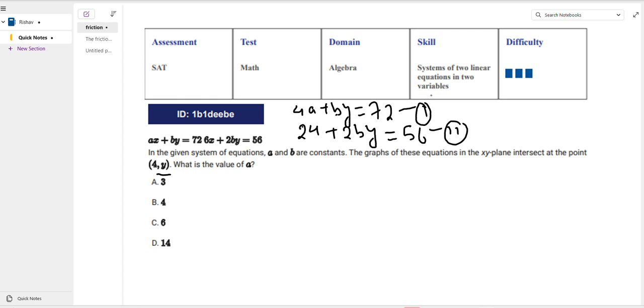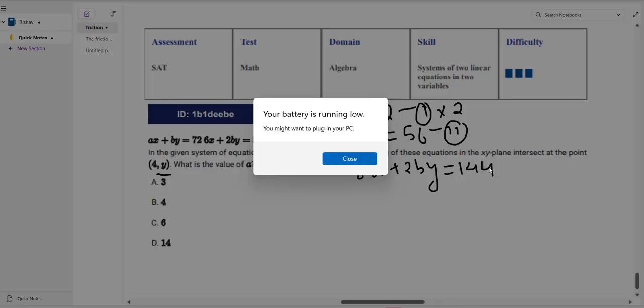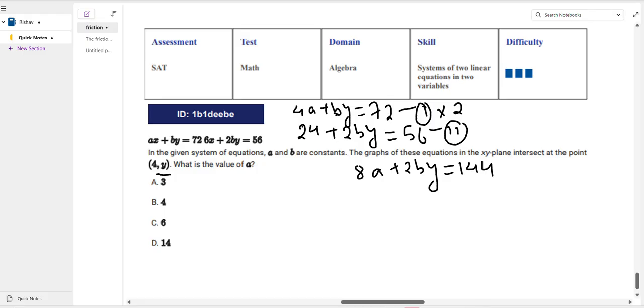So we have to solve this question. Now to solve this, we can see that we can cancel out this by and 2by if we perform a little calculation in equation 1. So let us multiply equation 1 by 2. It becomes 8a plus 2by equals 144.